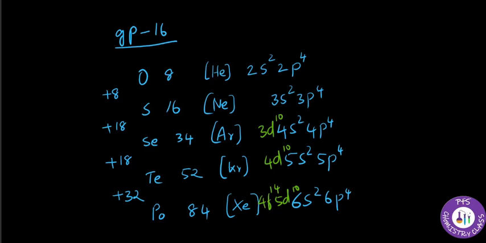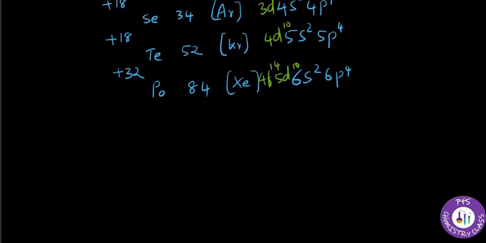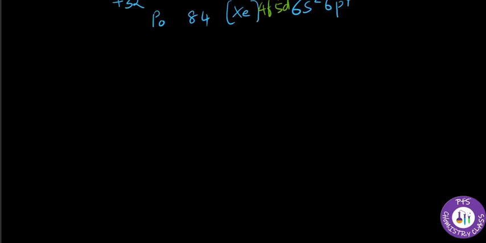Okay, so like this you have to write for all the elements. Then we will write for group 17. So that is group 17. Group 17 is fluorine, chlorine, bromine, iodine, astatine.